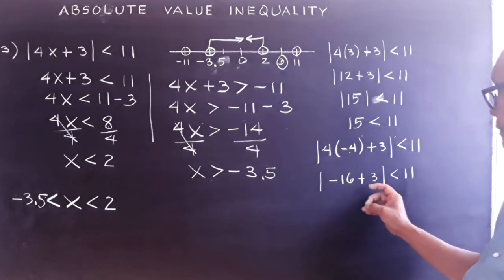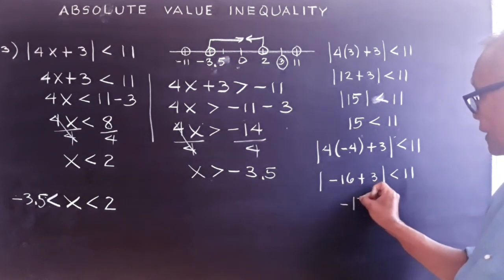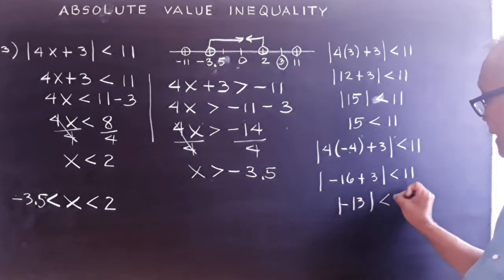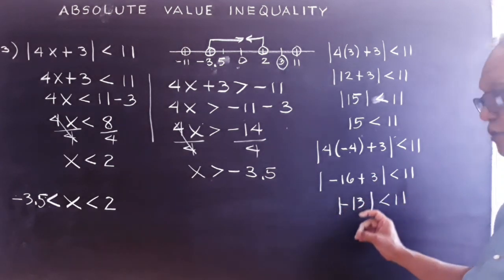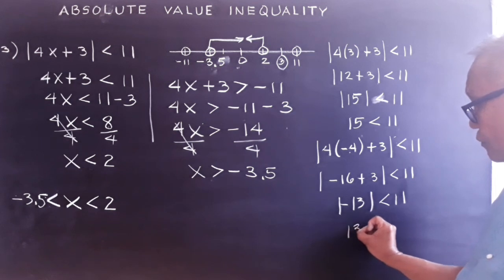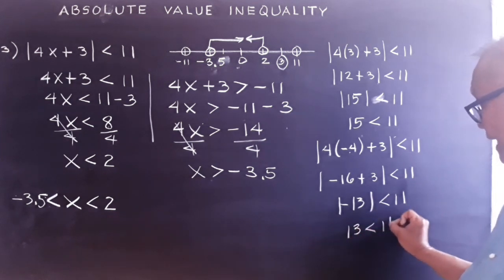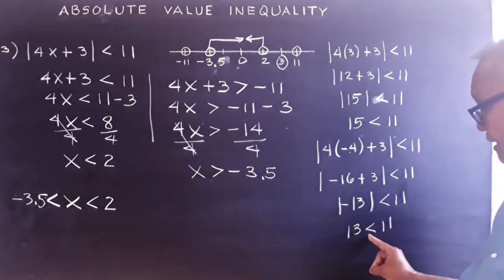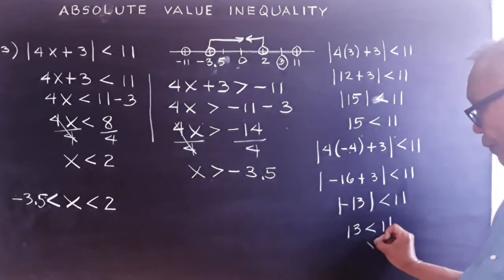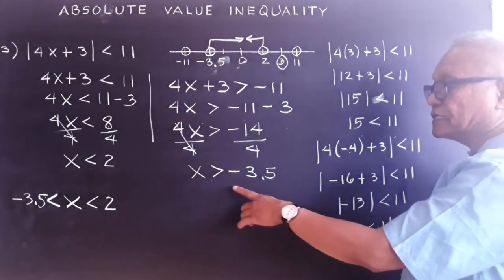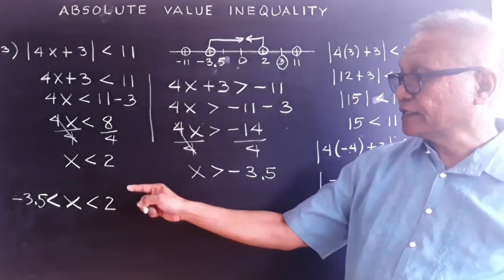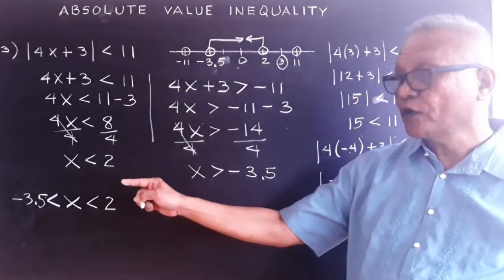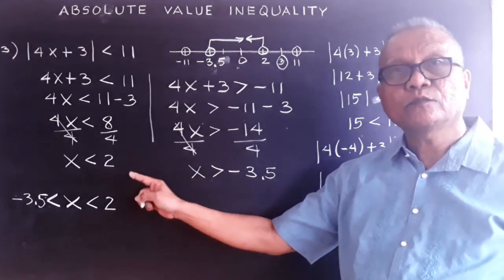Negative 16 plus 3 is negative 13. We remove the absolute function symbol, this becomes positive 13. Is 13 less than 11? No. Therefore, our answer is that one. X is greater than negative 3.5 but less than positive 2.